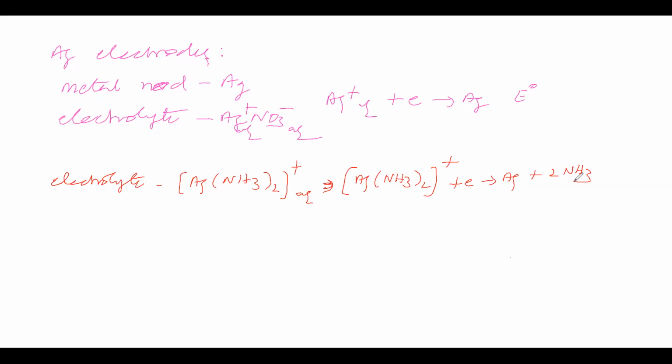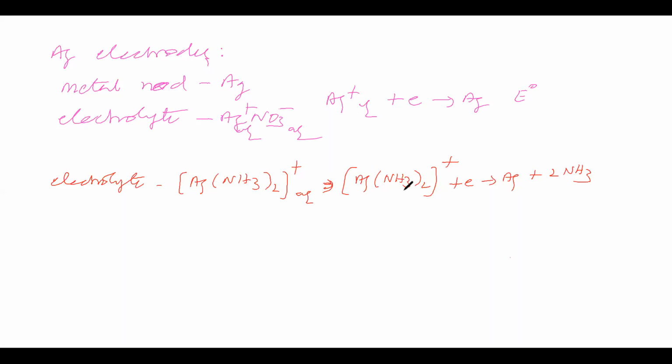Now, the tendency of this reaction and the tendency of this reaction will be different. The tendency of this Ag plus to take an electron is different. Why? Because here Ag plus is free. Here Ag plus is not free.